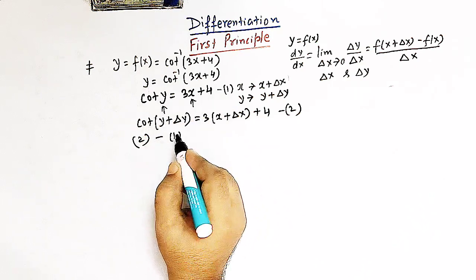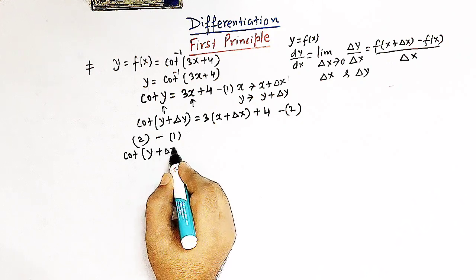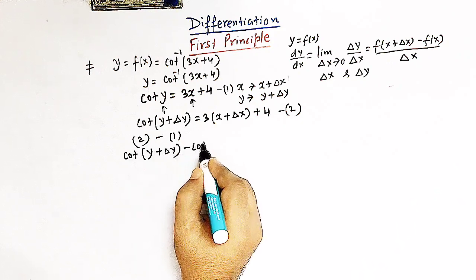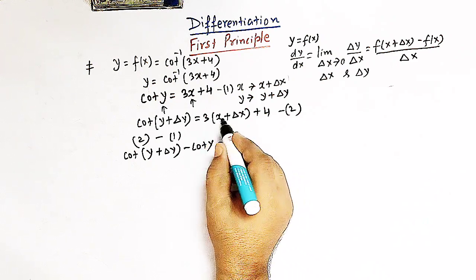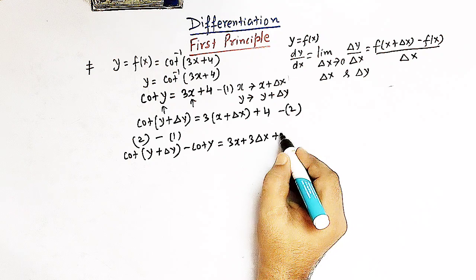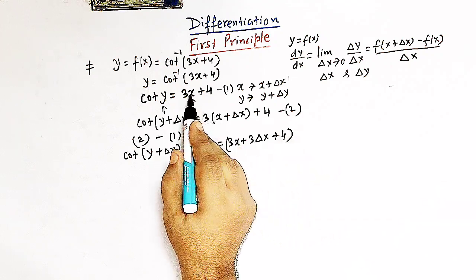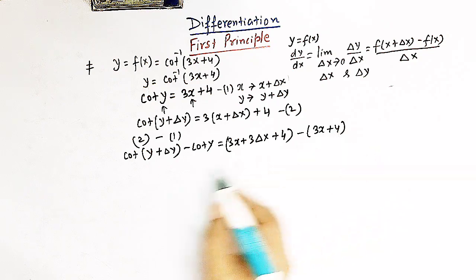So 2 minus 1 is given by cot of (y plus delta y) minus cot of y is equal to 3x plus 3 times delta x plus 4, and then we subtract 3x plus 4, right?